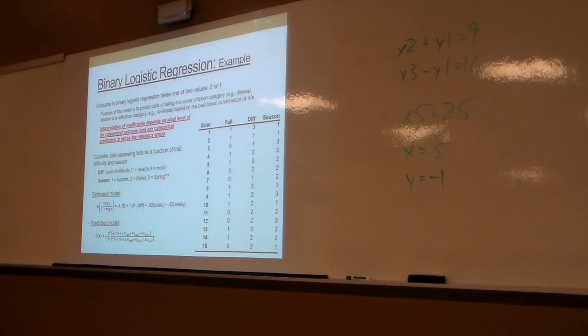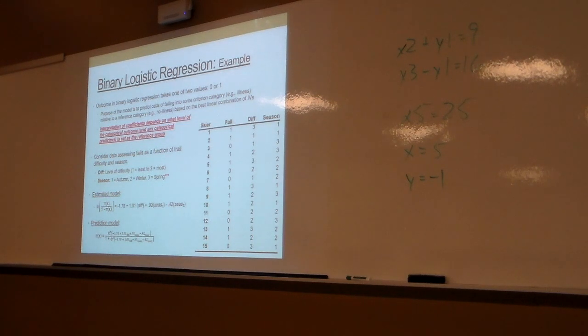So let's say we've got some hypothetical data, and what we're trying to do is assess the probability of falling, as I'm skiing, based on a function of trail difficulty and season. In this situation, fall is my outcome, my criterion variable. If I fall, it's a 1.